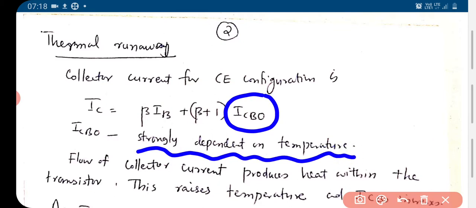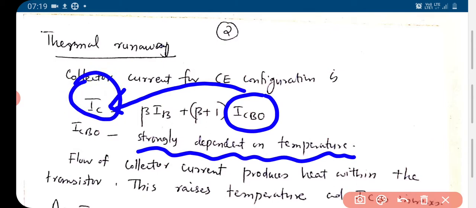A small change in temperature will lead to a large change in ICBO, and that in turn will cause a change in IC. So ICBO strongly depends on temperature, and that in turn causes the temperature dependence of IC.